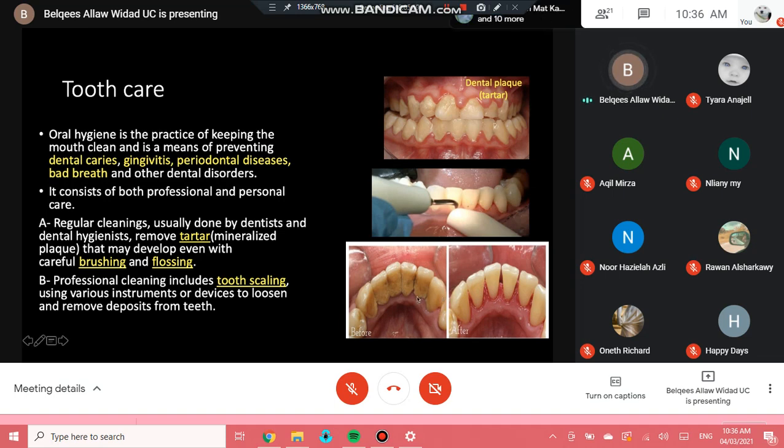But if it is already mineralized and the tartar or plaque becomes hard, you need professional cleaning, which we call tooth scaling. Of course, this is done only by the dentist in the dental clinic because you need a special device to remove all these hard deposits of plaque.